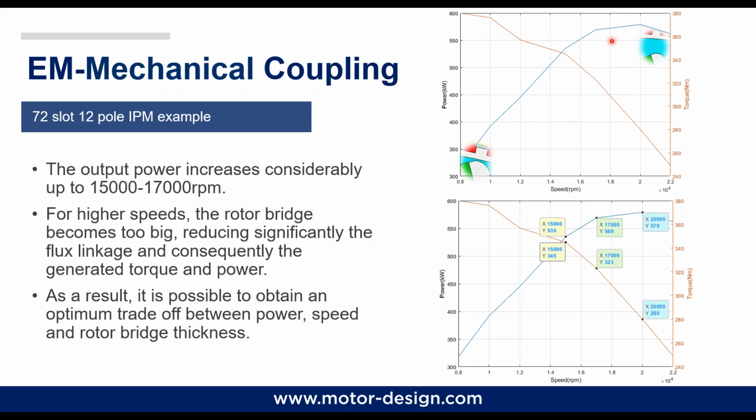In addition to this, we also need to consider that when we increase the machine speed, for example, let's imagine that we're considering a car. We have a fixed speed of the car, so a fixed wheel speed. If we increase the speed of our electrical machine, we will need a bigger gearbox, because of course the speed of the car is going to be the same.